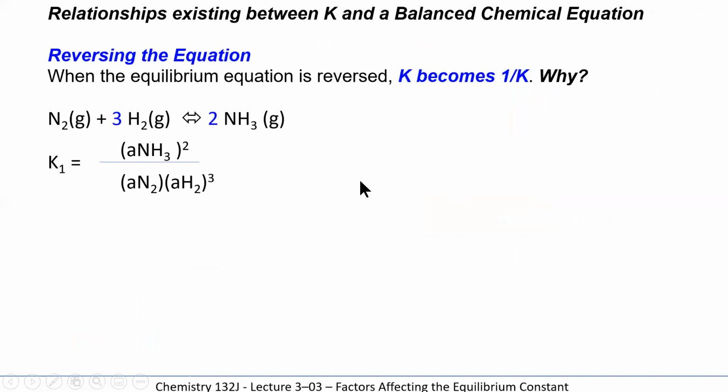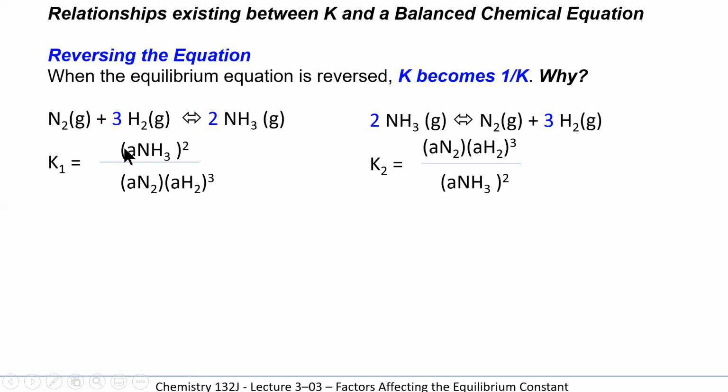And if I reverse the equilibrium, we can see that K2 for the reversed equilibrium is simply the inverse of K1. You can see that the denominator on this side is equal to the numerator on the right. Similarly, the numerator on the left is equal to the denominator on the right. So you can see that K2 is really the inverse of K1.